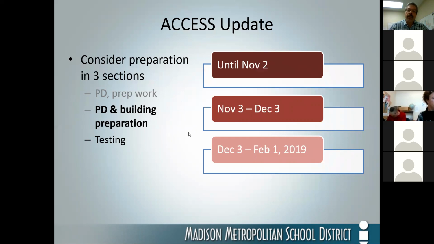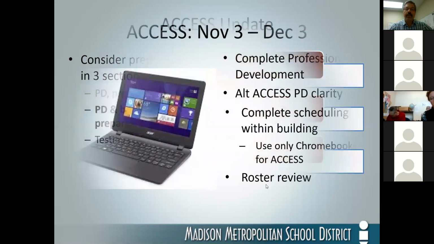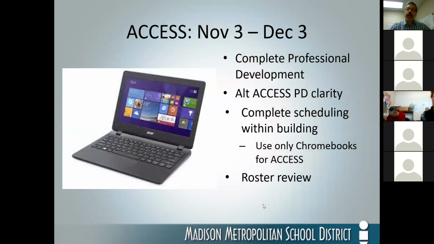Right now, we're in this middle phase of November 3rd through December 3rd, focusing on professional development as well as preparing your building schedules, locations, technology, etc. And finally, beginning the 3rd of December through the 1st of February is the actual testing. So let's take a look at a little bit more detail at each one of these, the current and then the future sections of time.